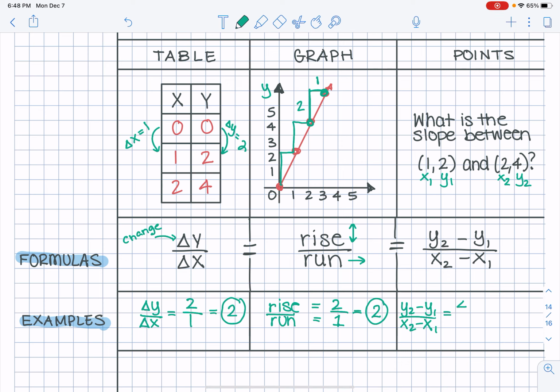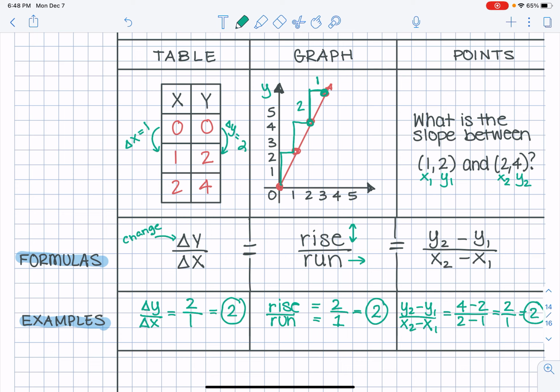So I'm going to put 4 minus y1, which is 2, over x2, which is also 2, minus x1, which is 1. And if I subtract them, 4 minus 2 equals 2, and 2 minus 1 equals 1. And I can simplify that to the value of 2.